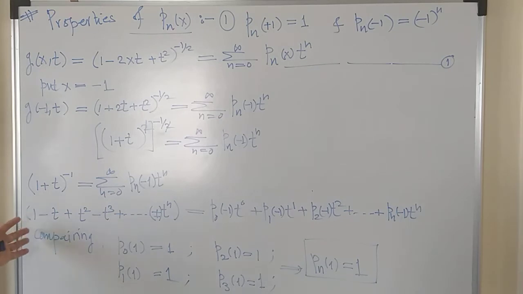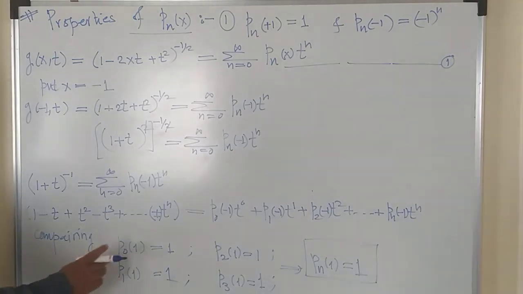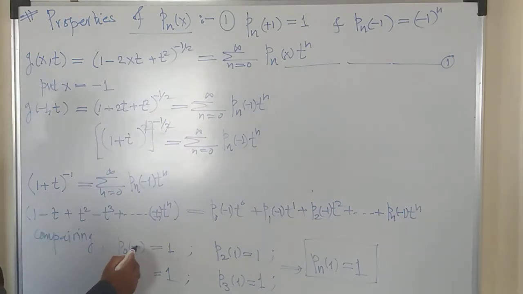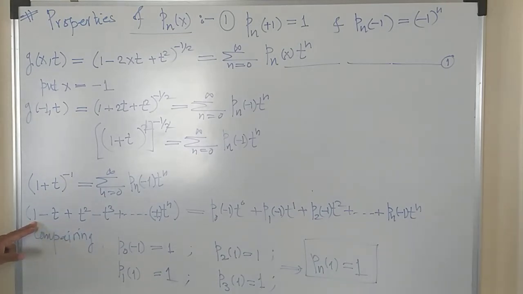Now if we compare this, on comparing t raised to power 0, t raised to power 1, t raised to power 2, you will get the values of p naught of minus 1, p1 of minus 1 and so on. So p naught of minus 1 is the coefficient of t raised to 0, and that coefficient is equal to plus 1.